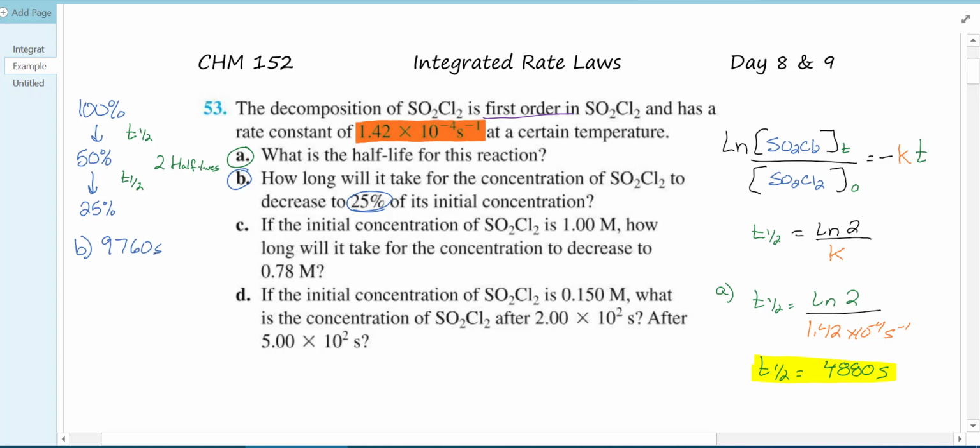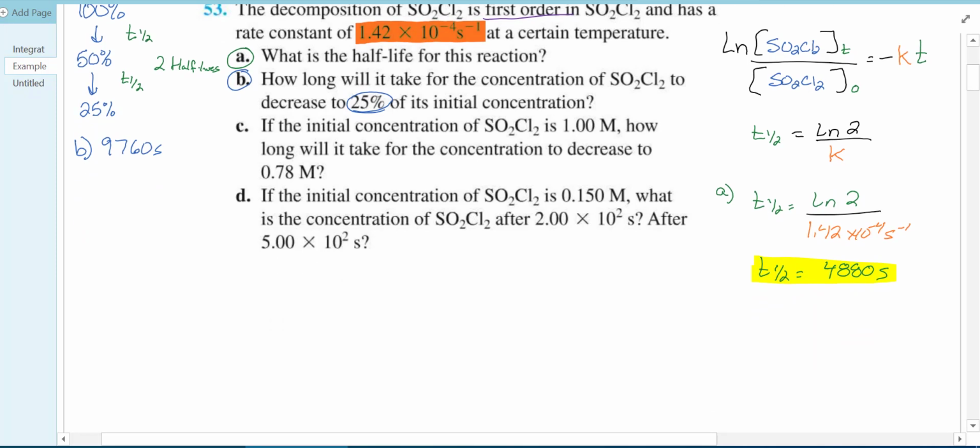But let's say we didn't do that. Let's say we didn't pick up on that. So we would use this equation right here, the natural log of SO2Cl2 at time t over SO2Cl2 at time 0 equals negative kt.